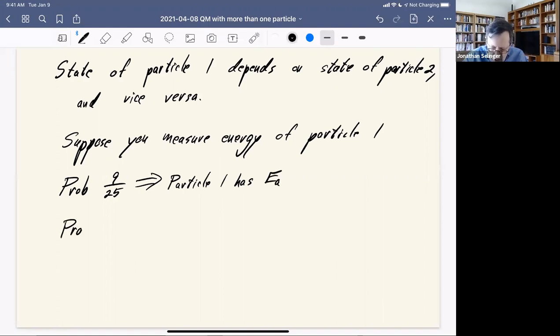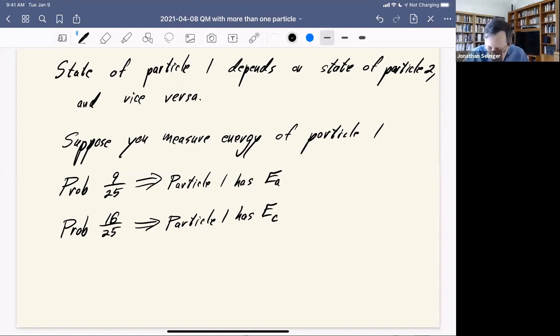And with probability 16/25, you will find that particle 1 has energy EC. Okay, so far, that's just like what you've seen earlier in this semester, right? You've had lots of homework problems that are, suppose you measure the energy of a particle, what are the possible energies and the probabilities of those things?